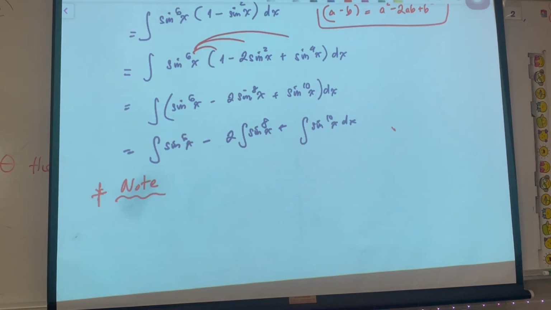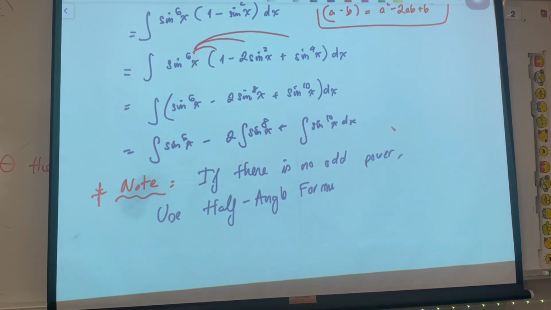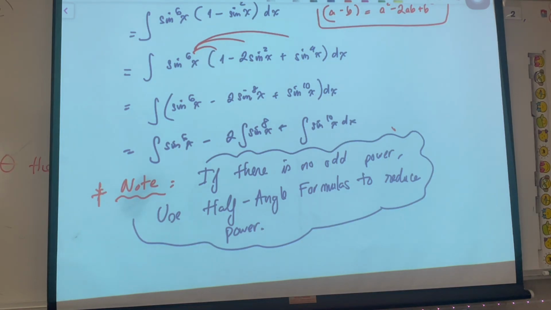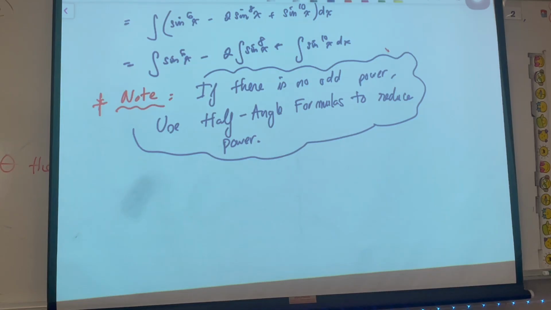Note: if there is no odd power, use the half angle formula to reduce the power.